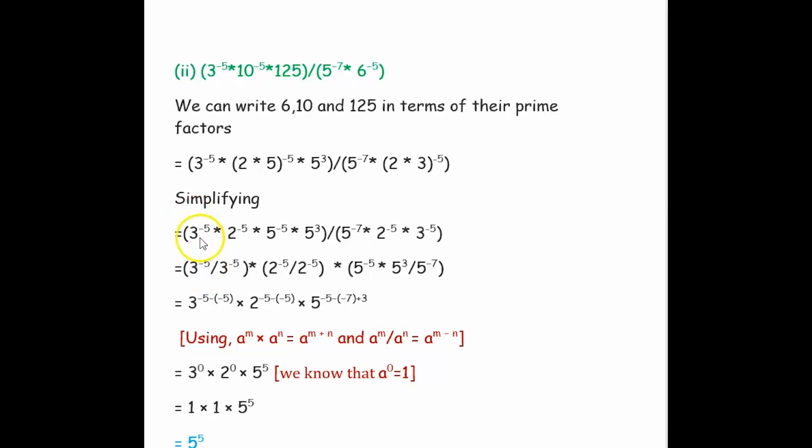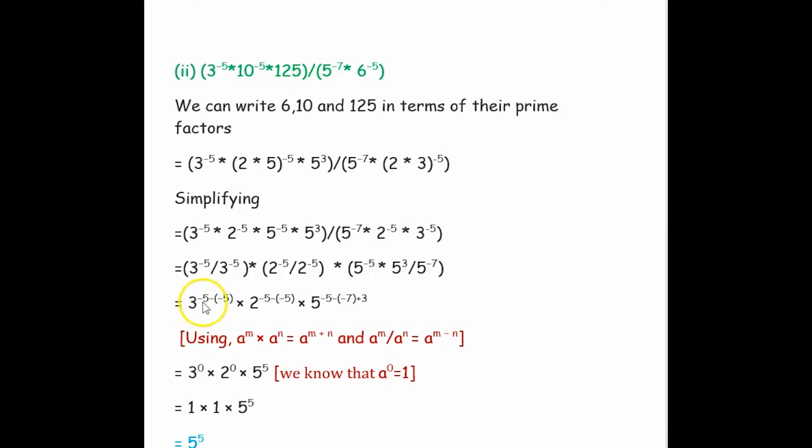So 3 raised to the power negative 5, divided by 3 raised to the power negative 5, into 2 raised to the power negative 5 divided by 2 raised to the power negative 5, into 5 raised to the power negative 5 into 5 raised to the power 3 divided by 5 raised to the power minus 7.